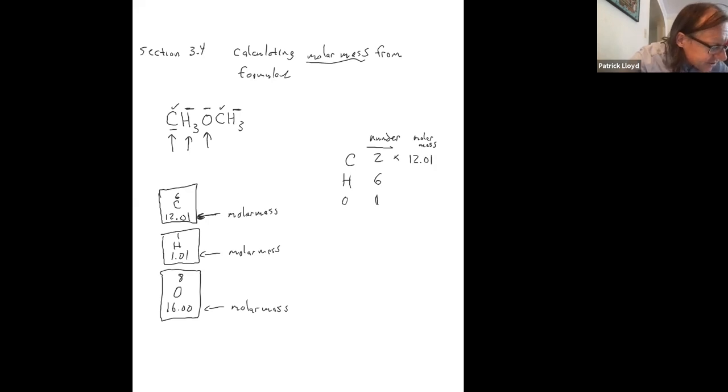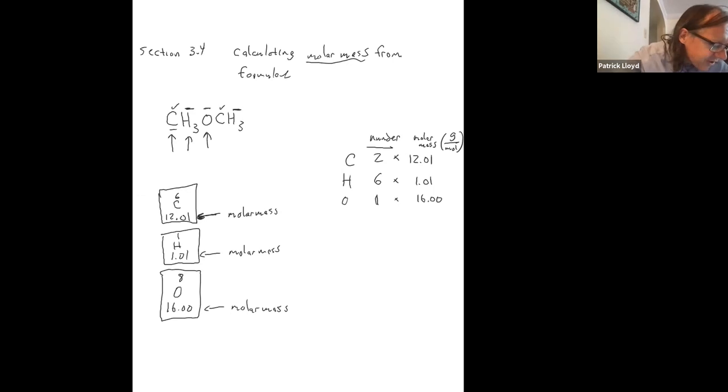For hydrogen, 6 times 1.01. And then for oxygen, 1 times 16.00. Okay, the units of molar mass are grams divided by moles. It's really how much something weighs in the units of grams, which is a common unit, per given mole. So if they're asking you for the molar mass, that's what you'll do.